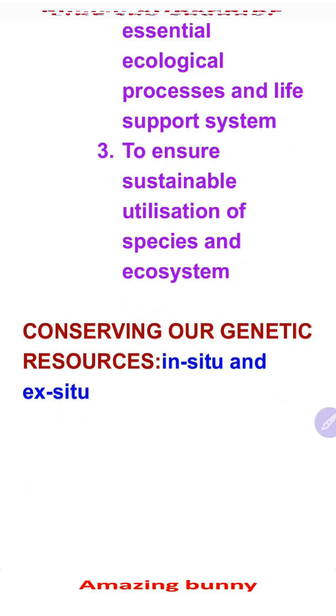In situ means the conservation inside their own habitat or native place, and ex situ means the conservation of fauna and flora outside their natural habitat. In situ means conservation of fauna and flora inside their natural habitat, and the opposite is ex situ, where conservation occurs outside the natural habitat. These 2 are the strategies to conserve our biodiversity.